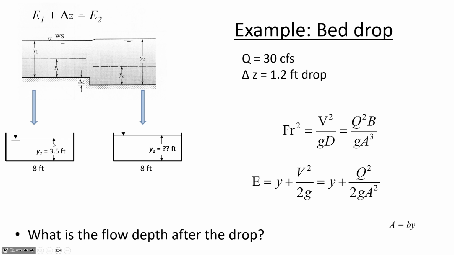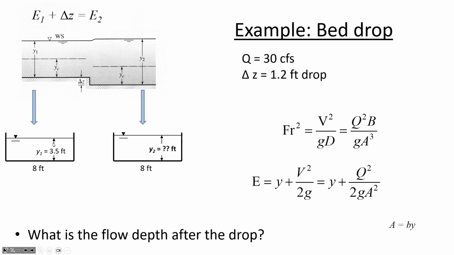The other way we could verify that conditions were subcritical at 1 is we could find what's the critical depth compared to the given flow depth of 3.5 feet. So for example, if I did that, Y sub C is 30 CFS, that's the flow rate, per unit width, which is 8 feet. So lowercase q squared divided by G, 32.2, and then all of that to the 1/2 power.